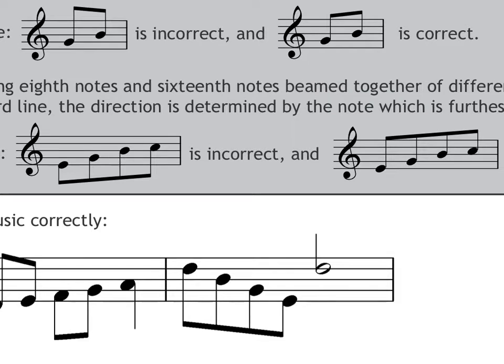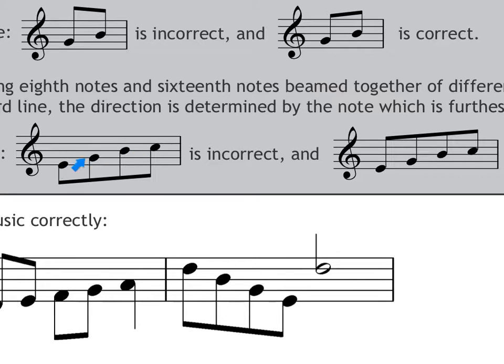Here we have four notes. Here's the middle line, and we have to beam them together. So do we put stems up or down? Well, this note here goes one step above the line, but below the line we go 1, 2, 3, 4 steps below the middle line. So these notes go much further below the line than they do above the line.